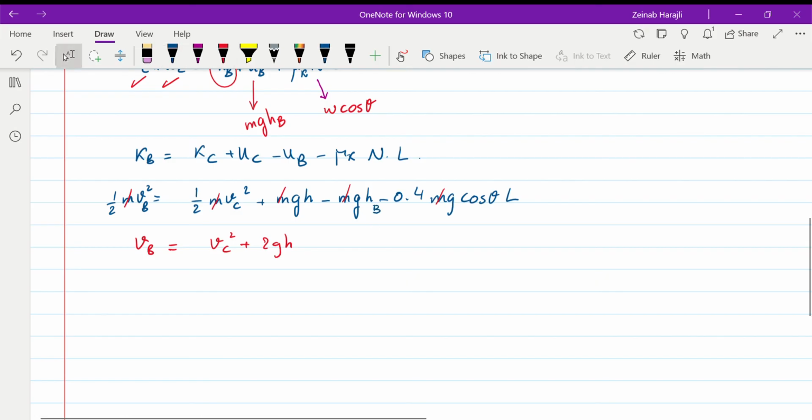This is h at C, so we need to distinguish that from the height at B, minus 2 g hB minus 0.8 g cosine theta L.